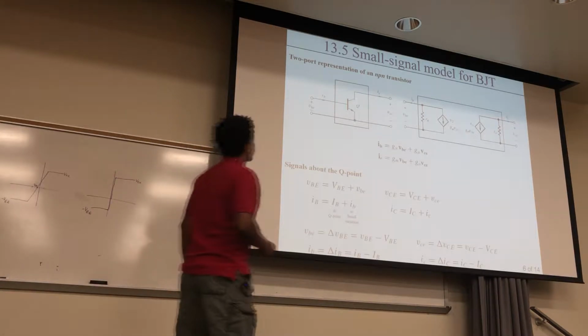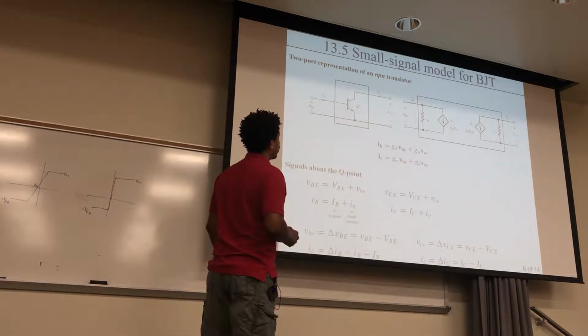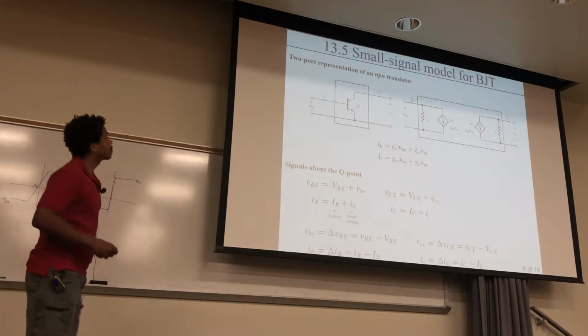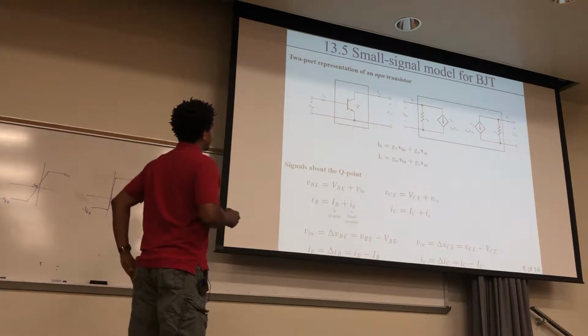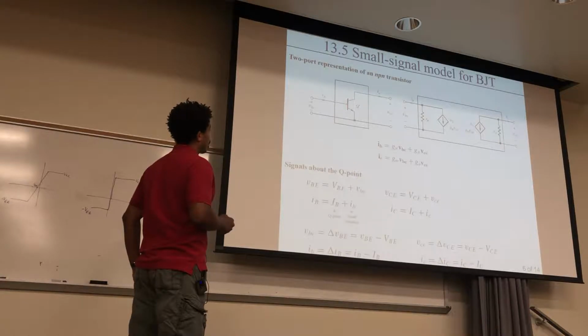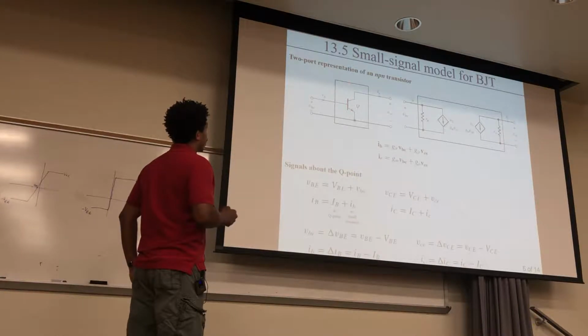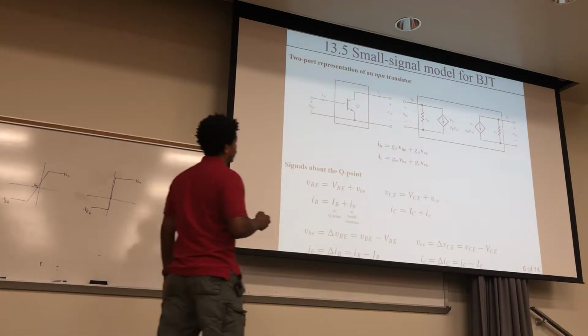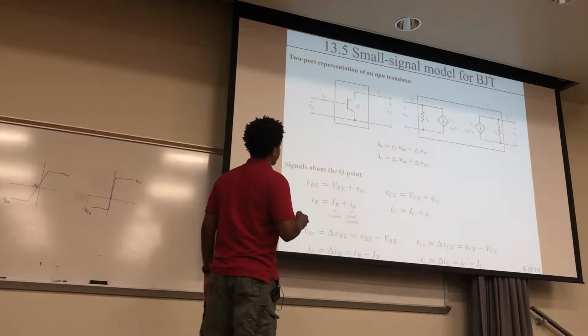Okay, so let's get on with the small signal model for the BJT. Here's this two-port representation, and here's the BJT. This is the voltage between the base and the emitter, and this is the voltage between the collector and emitter, with the collector current and base current.